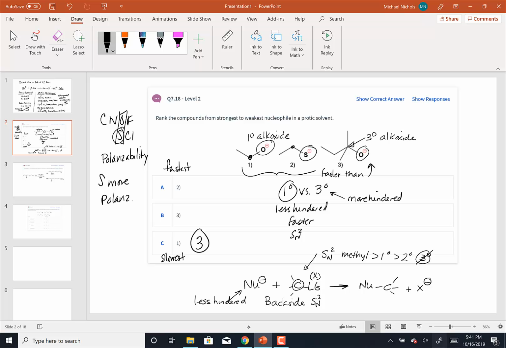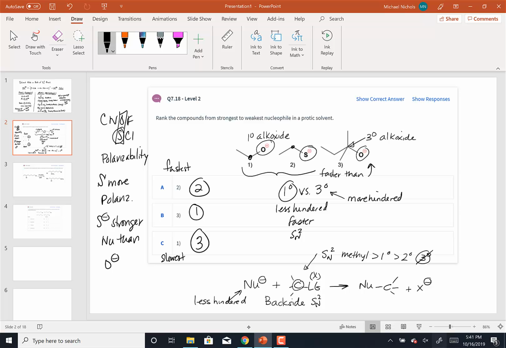And so therefore the S minus would be a stronger nucleophile than the O minus, because sulfur is more polarizable, is larger. In this case, I would say that number 2 would be the fastest.